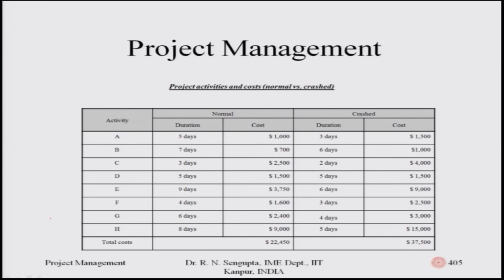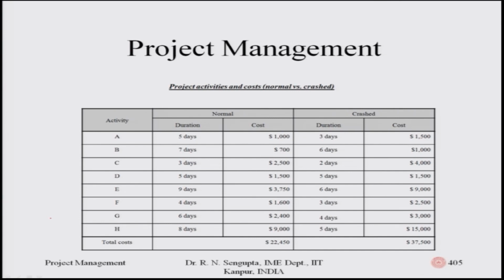Here it is US dollars; it can be Canadian dollars, Australian dollars, New Zealand dollars. For B it is 7000, for C it is 2500, for D it is 1500, for E it is 3750, for F it is 1600, for G it is 2400 and for H it is 9000.